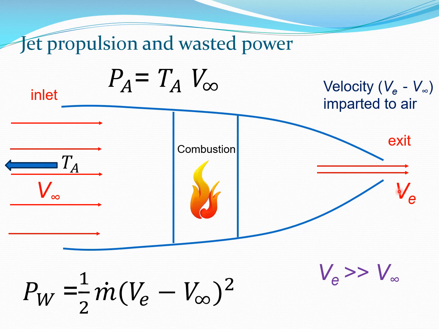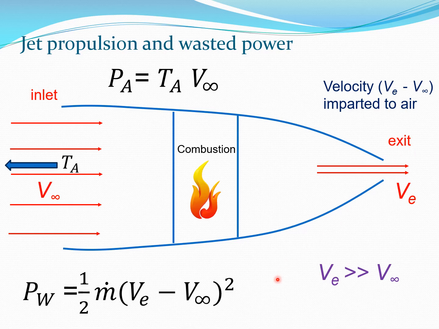So this velocity Ve minus V infinity has been imparted to the surrounding air, and essentially to some extent this velocity has been lost because the kinetic energy associated with this particular velocity is going to be out there, and this unfortunately has been lost.